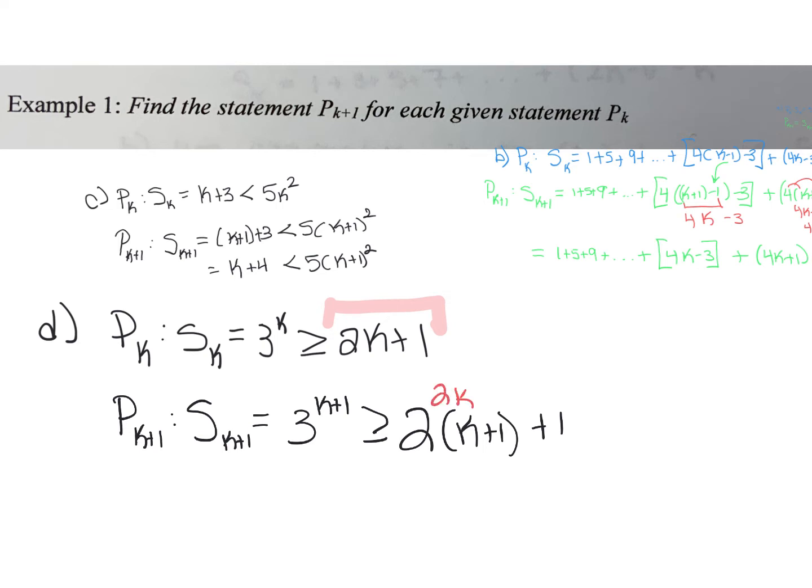This is 2k plus 2 plus 1 more, so this is really 2k plus 3. So if we were to write our answer nicely, it'd be 3 to the k plus 1 is greater than or equal to 2k plus 3. So that's the algebra steps that you need. And so now we're going to jump into doing the mathematical proof.